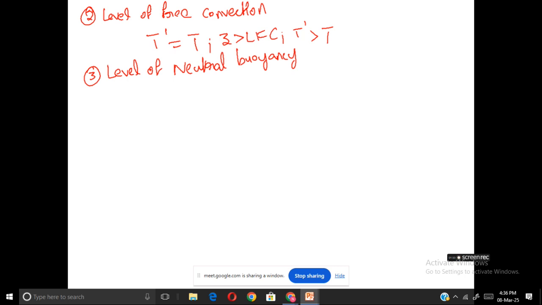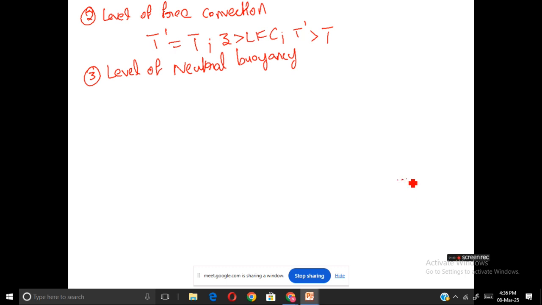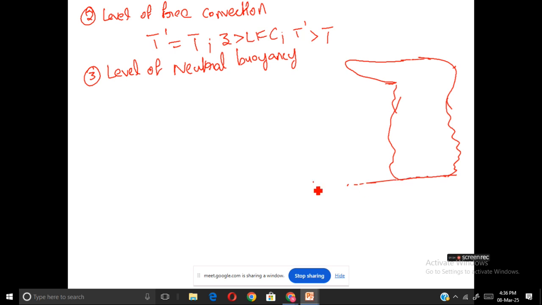If you take a thunderstorm cloud, this will be the base of the cloud, and there will be vertically developing clouds, as you would have seen during pre-monsoon time. So this will generally be the lifting condensation level, and this is generally the LNB. The thunderstorm cloud acquires the shape of an anvil at the level of neutral buoyancy, since it can't go beyond this level.